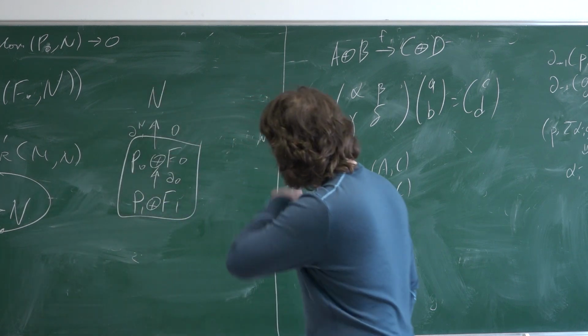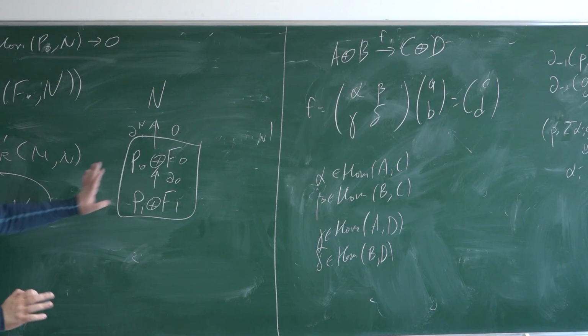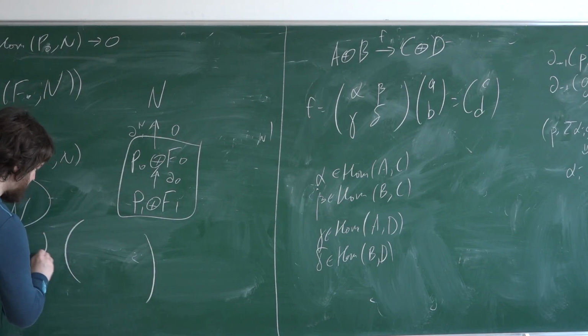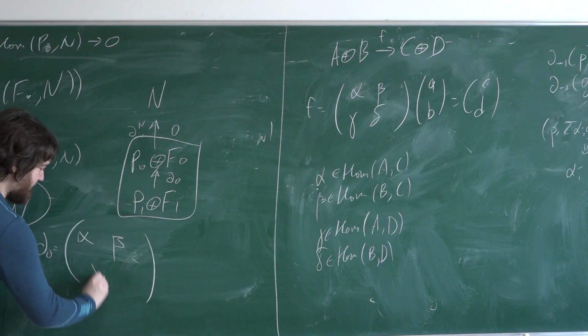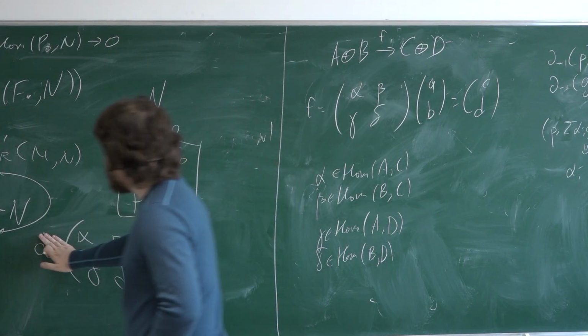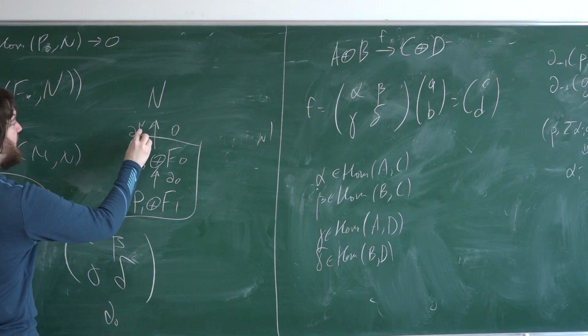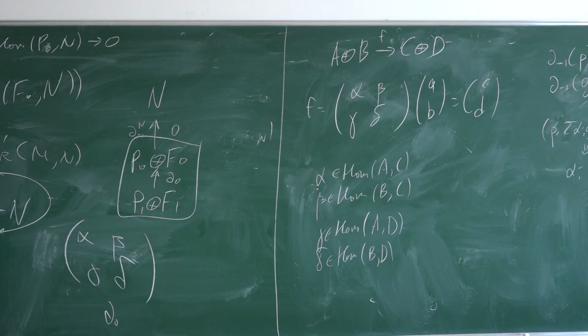Now I have this situation because I have my map d0, some alpha, beta, gamma, delta. And then I consider its composition with the map d minus 1, 0. This means that I consider d minus 1, 0.